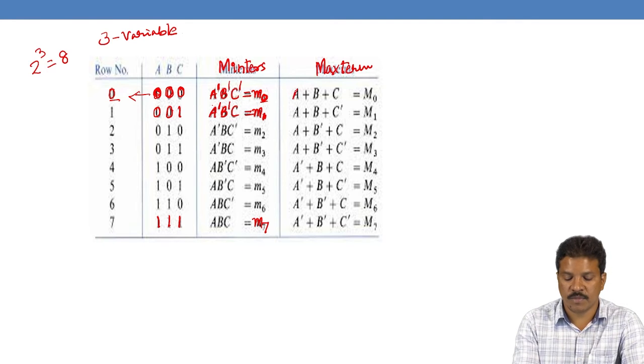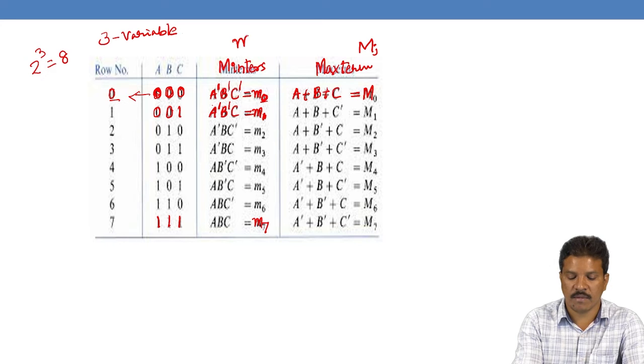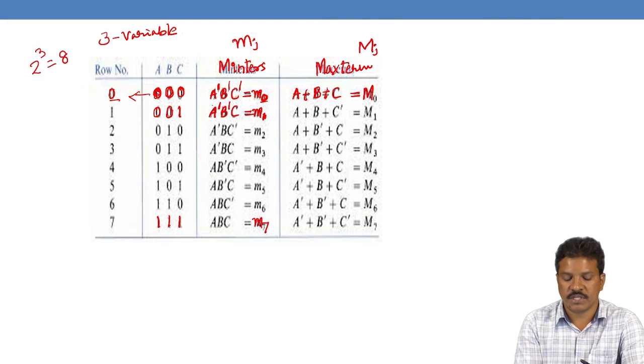So 0, 0, 0 means a plus b plus c, which we represent with capital M suffix j, while min term is represented with small m suffix j, where j is 0 to 7, and you will get 8 terms. So this is represented with M0.